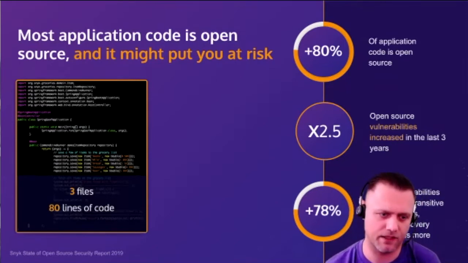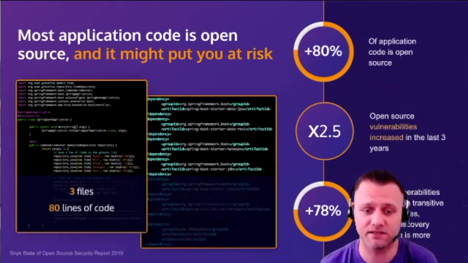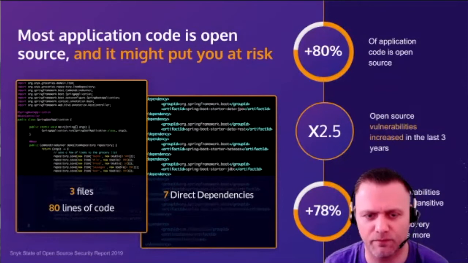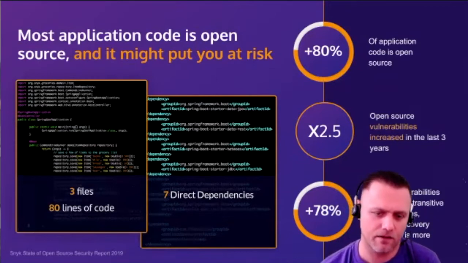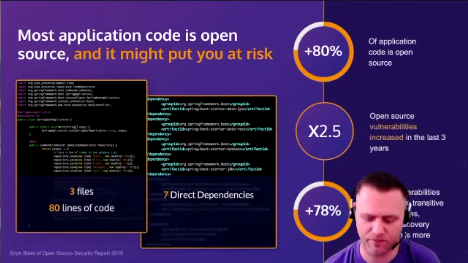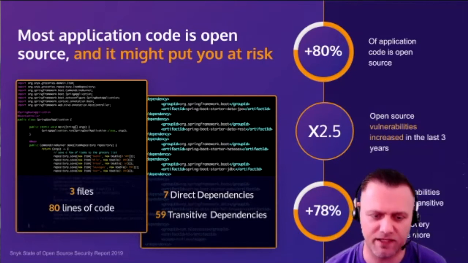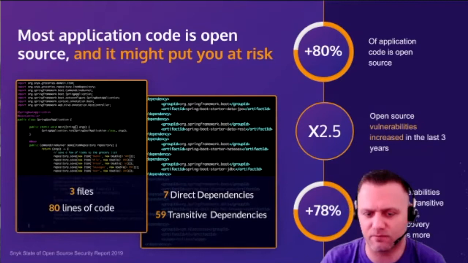And I rely on 7 dependencies here, right? These dependencies are common Spring framework dependencies, something like data JPA, data REST, HATEOAS, JDBC, and so on. These 7 direct dependencies don't sound like a lot, but they bring in 59 transitive dependencies or indirect dependencies, right? So it multiplies up.